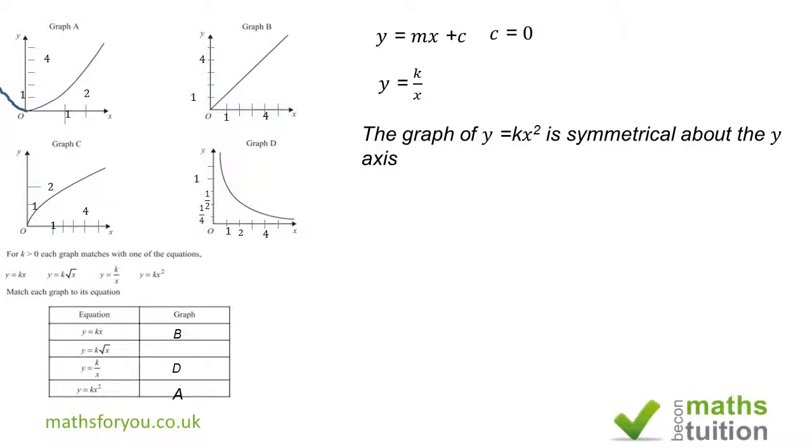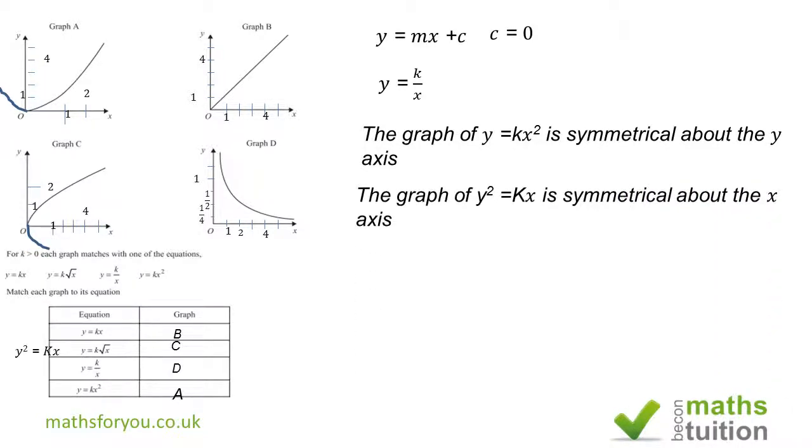There's something else though. If we square this equation here, I know we're not asked to do that, but if we square this equation, you have that y squared is equal to kx. And when you have an equation of the form y squared is equal to kx, you can assume that the graph will be symmetrical about the x-axis.